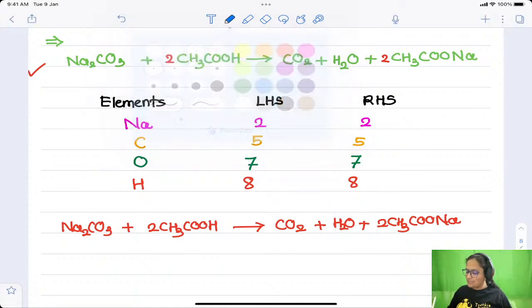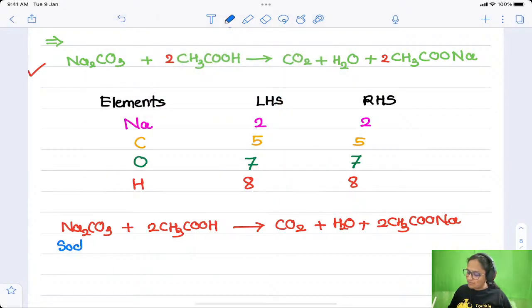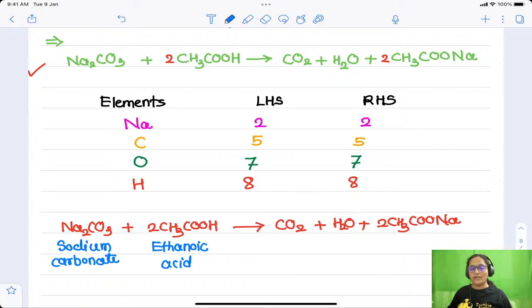The first one is sodium carbonate, the second one is ethanoic acid. Ethanoic acid is also called acetic acid, which is present in vinegar. CO2 you know is carbon dioxide, H2O is water, and this is sodium acetate or sodium ethanoate.